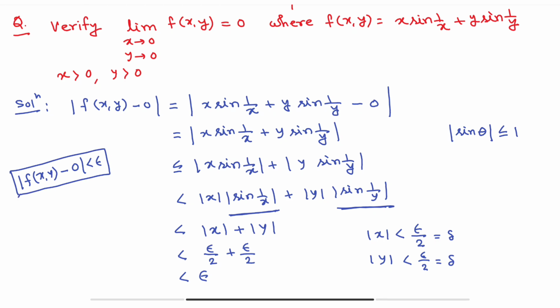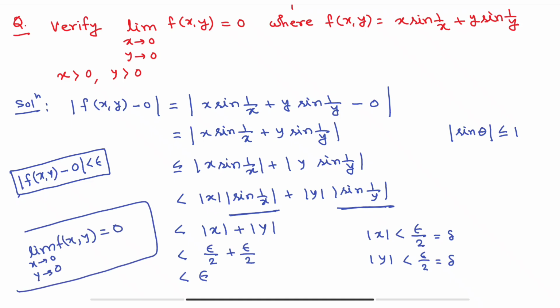So hence we can say that limit x tends to 0, y tends to 0, f of xy equals 0. Hence verified. And this type of proof is called epsilon delta proof, or you can say using epsilon delta definition.